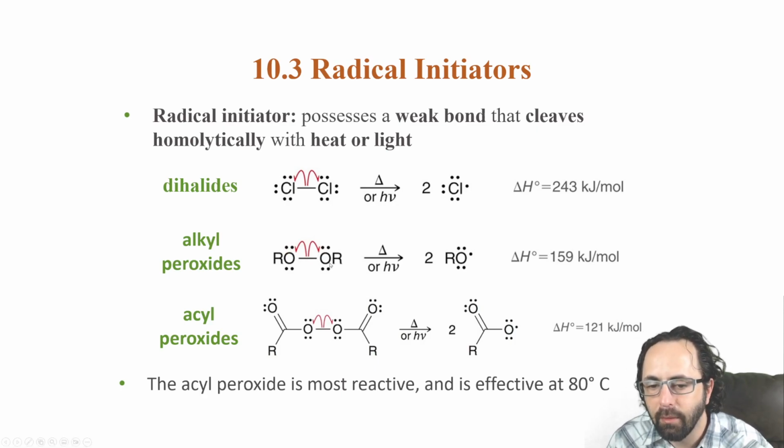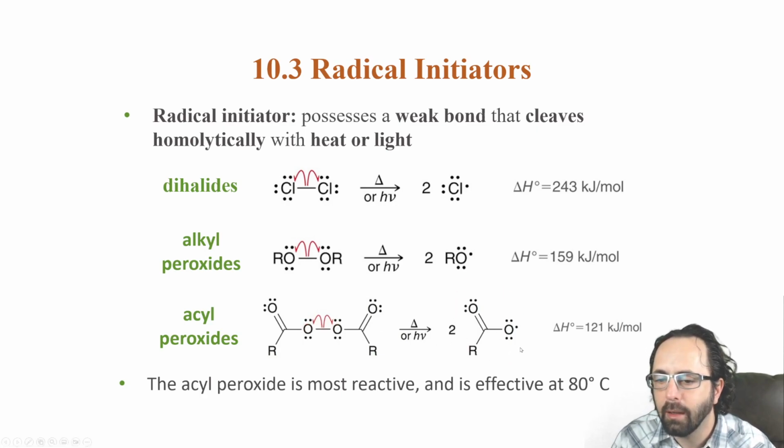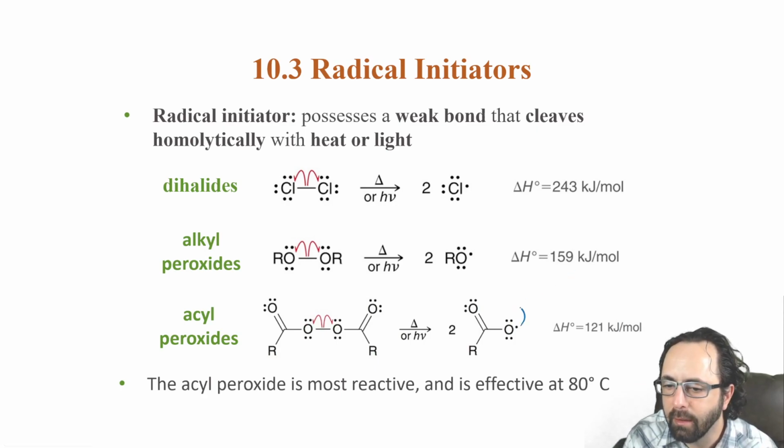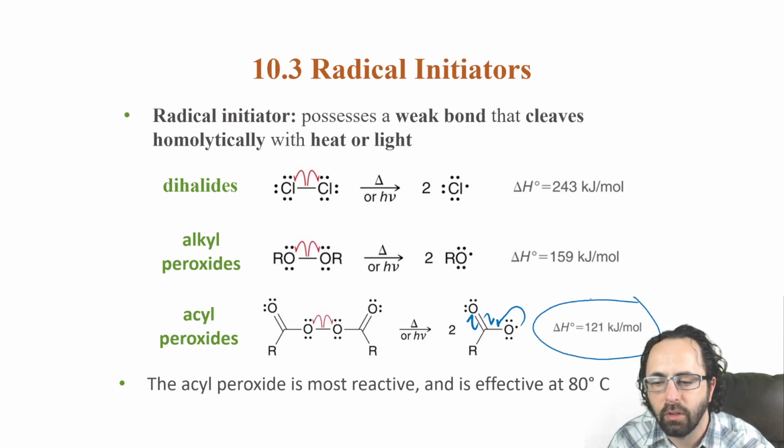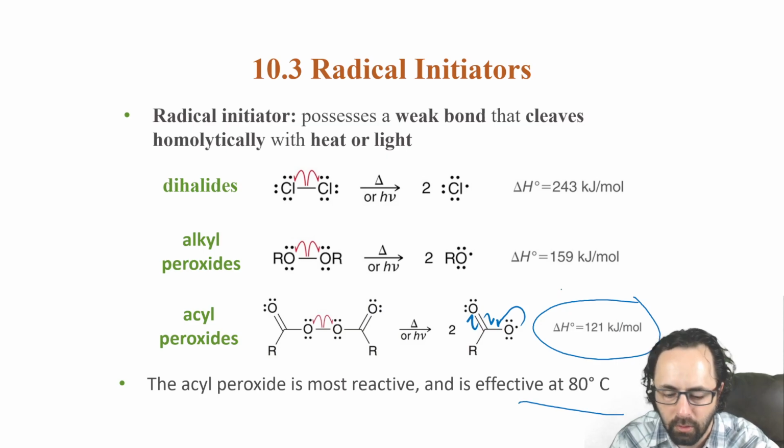Likewise, we can get an even weaker bond here with an acyl peroxide because when it ultimately produces its radical, this radical is resonance stabilized, and so it is an even more stabilized product. And so that makes it so that less energy has to go into creating this product, and thus we get more energy out, and the bond is easier to break. It's even effective at relatively low temperatures.